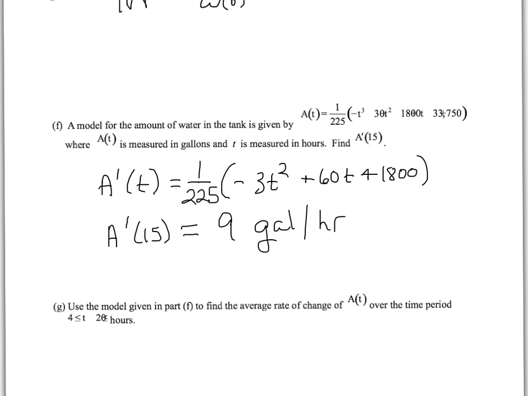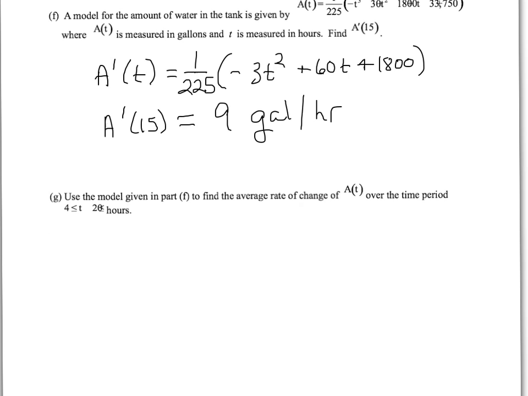Okay, so let's see the difference between F and G. G is asking us to find the average rate of change over the time period using A of T. So how do we go about doing that? Integration. Okay, we don't have to use integration here.